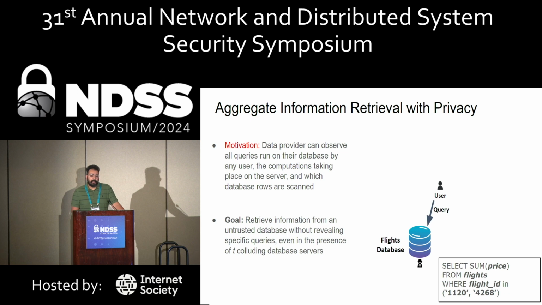Private information retrieval, or PIR, is a cryptographic primitive that empowers a user to privately query untrusted databases like these, where the database owner is capable of observing all the queries that are made to the database and also can observe all the computations that happen on the database servers.